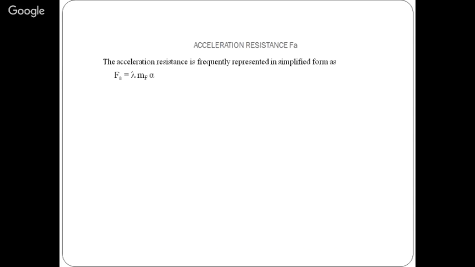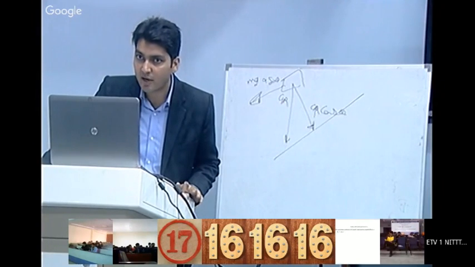Now the acceleration resistance. What is acceleration resistance? When we accelerate our vehicle, our vehicle has a certain inertia. To get our vehicle out of that inertia, either acceleration or retardation, we have to put in extra effort. Suppose I am driving in steady state condition, and I am going to accelerate my car.